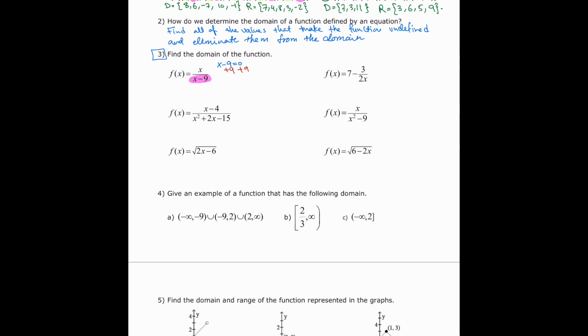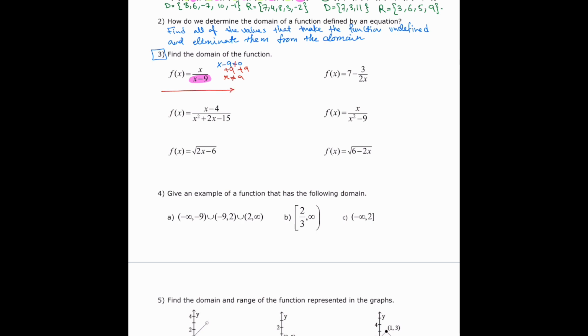So we get x is equal to 9. Now, we don't want the denominator to be equal to 0, so we set x not equal to 9. So we know that the domain now is all of the real numbers except for number 9.